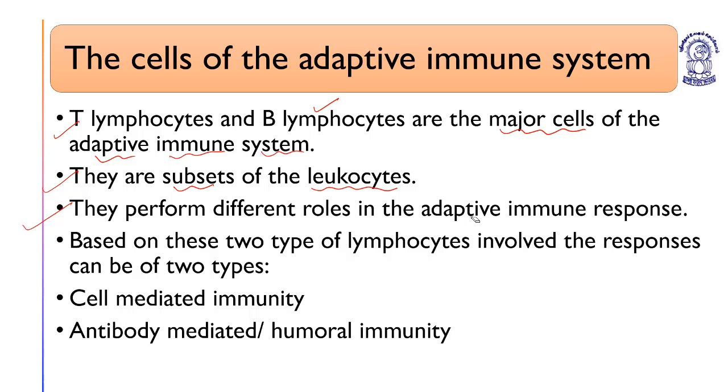Based on these two types of lymphocytes involved in the responses, there is cell-mediated immunity and antibody-mediated immunity or humoral immunity. Cell-mediated immunity is because of T lymphocytes. T lymphocytes cannot produce antibodies. They help B lymphocytes to produce antibodies.